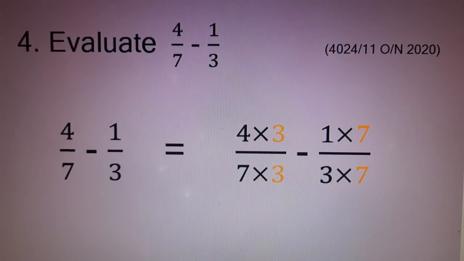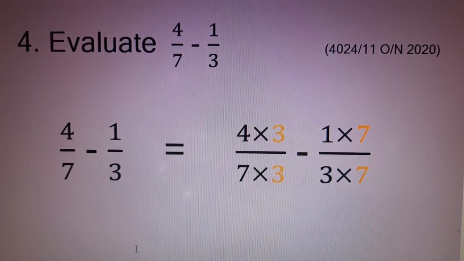You can check your working. 4 over 7 minus 1 over 3. So when we subtract two fractions, we have to find their LCM. Here the denominator is 7, the other denominator is 3. So LCM of 3 and 7 is 21. So we equal these two denominators by multiplying like this.